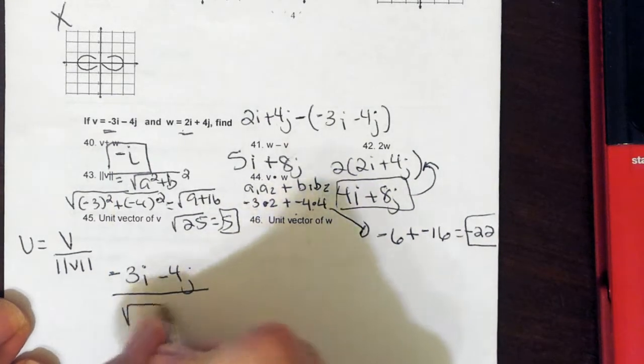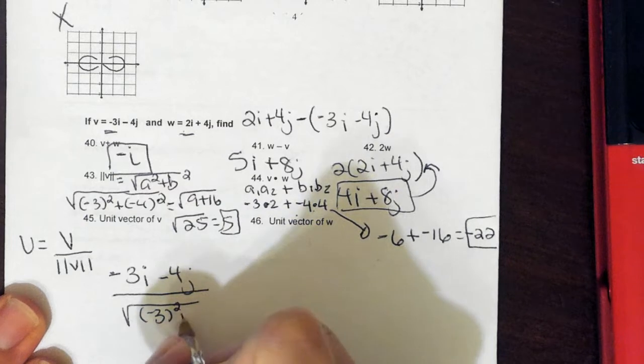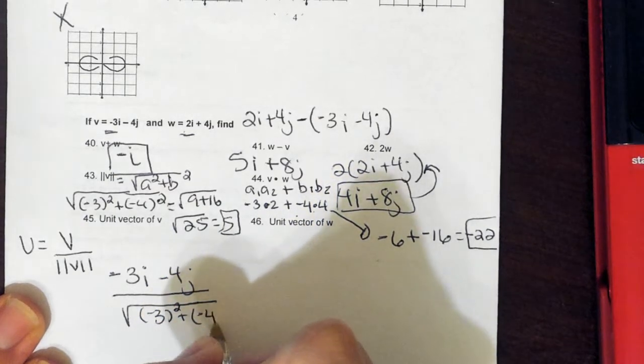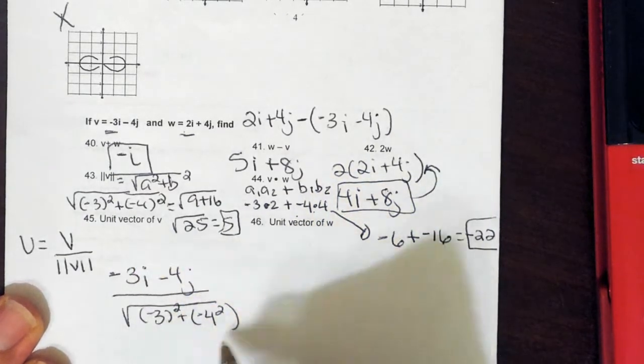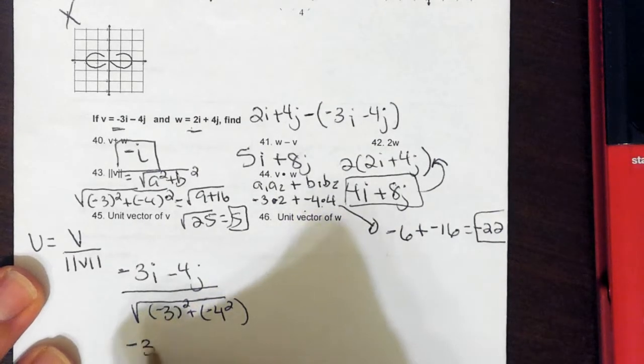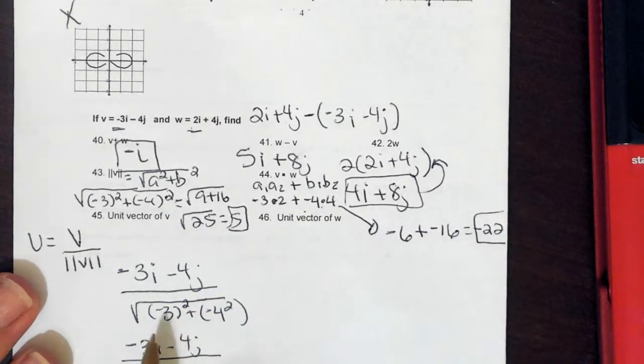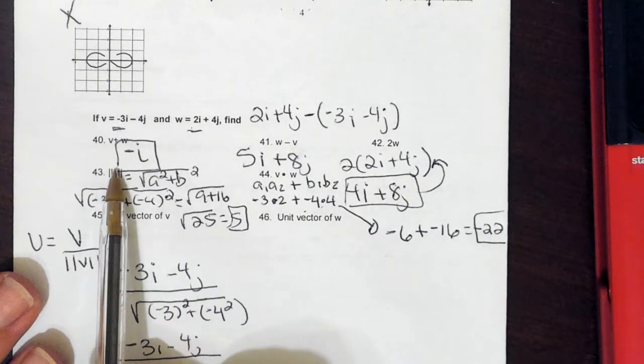And remember, to find the magnitude, you do your a squared plus your b squared. It's these same two numbers, and then you have to remember to square root it. So I have negative 3i minus 4j over, well, we actually just did this problem right here.